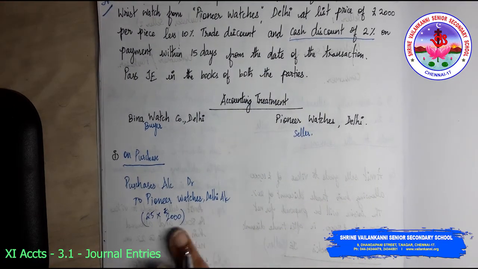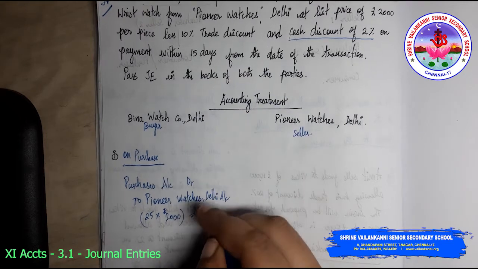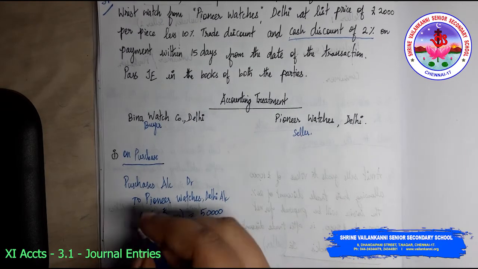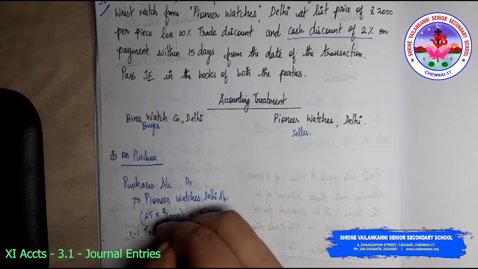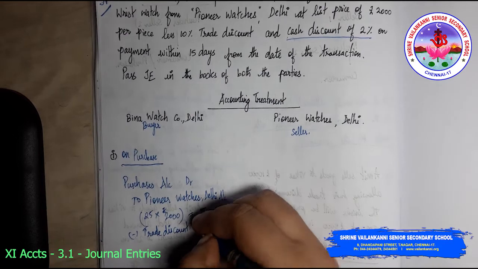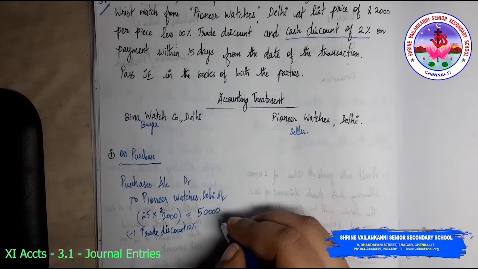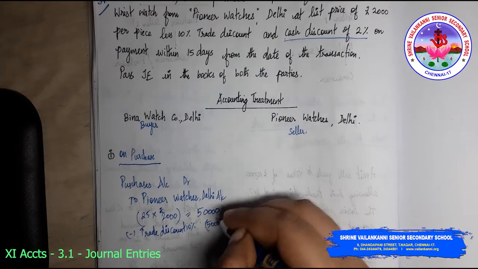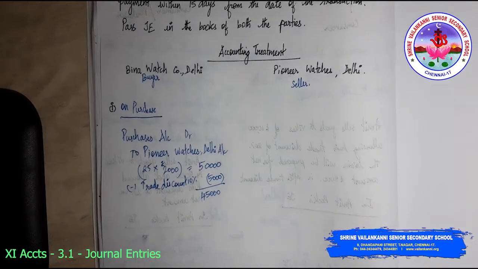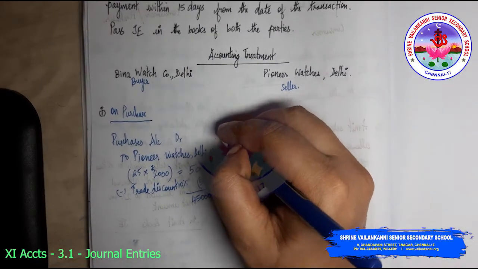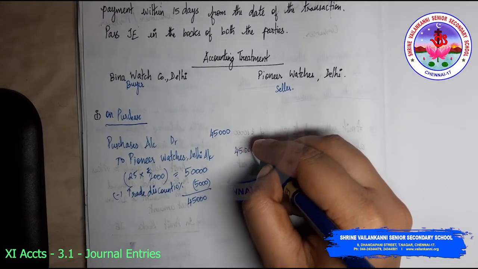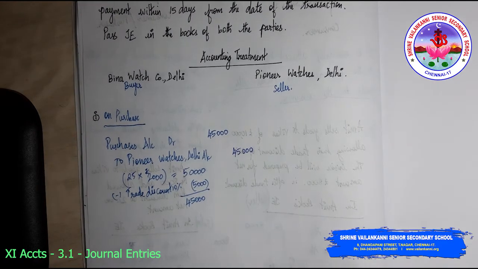We need to pay actually 50,000, but there is a trade discount of 10%. So 10% on 50,000 will be 5,000, which is 45,000. So 45,000 purchases account debit to Pioneer Watches, 45,000. So this is what you need to write.